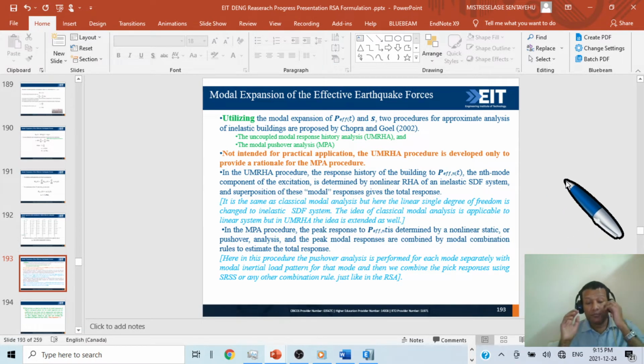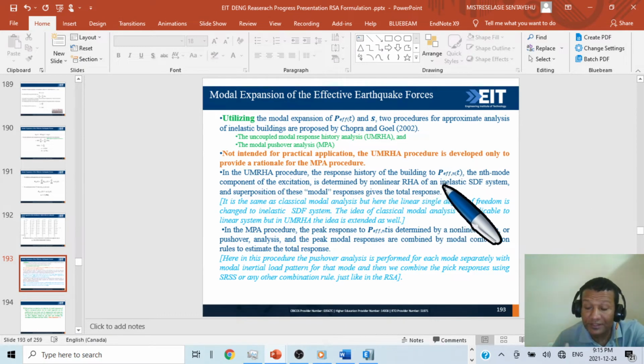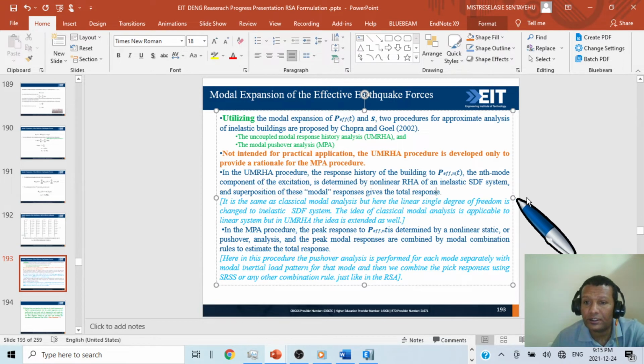So in the UMRHA procedure, we have a single degree of freedom system, and we apply direct nonlinear response history analysis to it, and we will extract the responses and sum them to get the total responses.